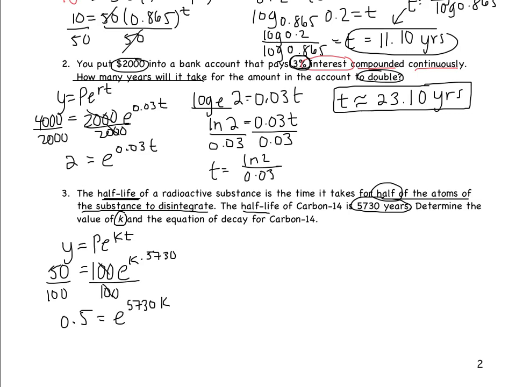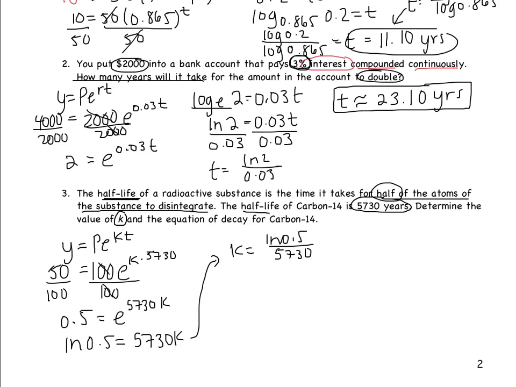So this is going to be log base e, which is just natural log of 0.5 equals 5,730K. Dividing by 5,730, I get K equals the natural log of 0.5 divided by 5,730.